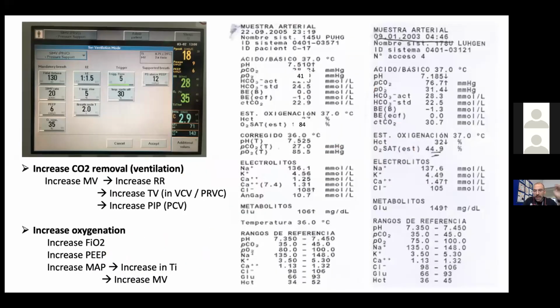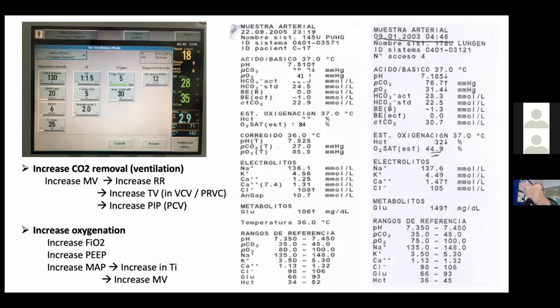And then, as I said, you have the help of the blood gases. So we have two different blood gases, the one on the left. I wanted to show you a gas of a patient overventilated. As you can see, you have a patient with a pH of 7.5, with a PCO2 of 41 millimeters of mercury. So this patient is clearly overventilated.